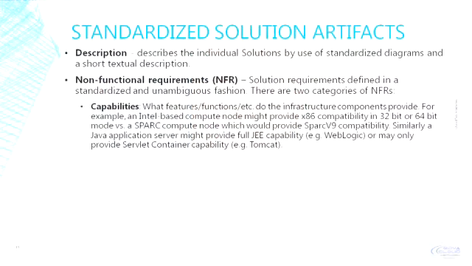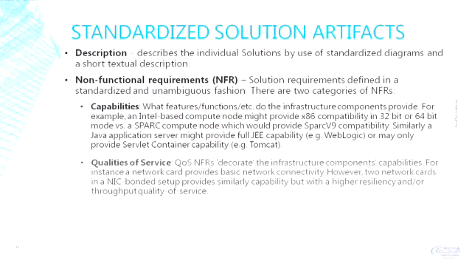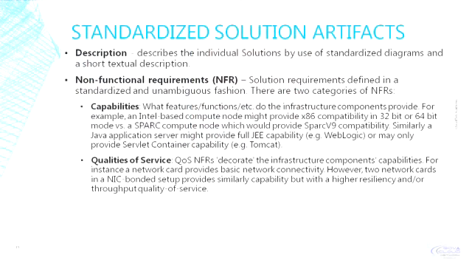There are two categories of non-functional requirements. The first is capabilities: what features, functions, etc. do the infrastructure components provide, and qualities of service. These non-functional requirements decorate the infrastructure component's capabilities.